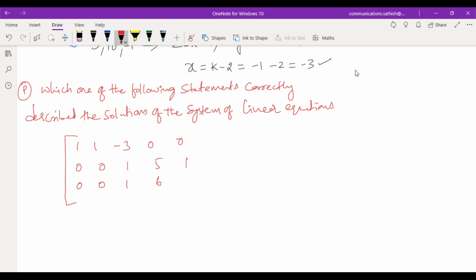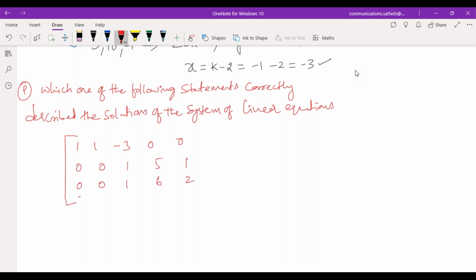Option A, unique solution. Option B, infinite number of solutions. Option C, inconsistent.